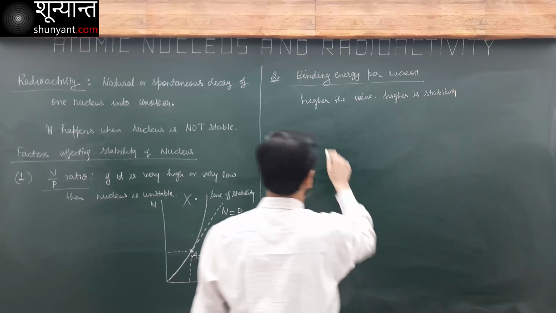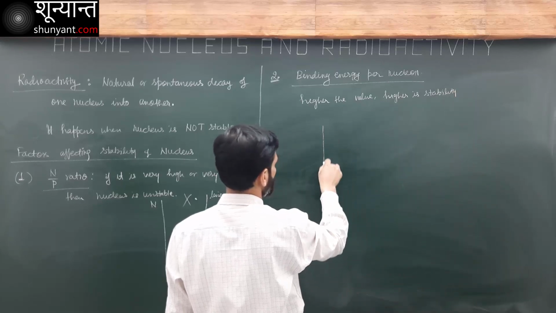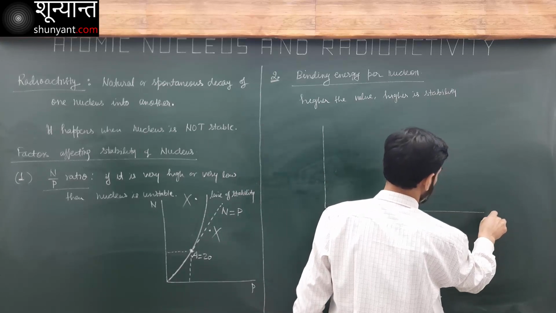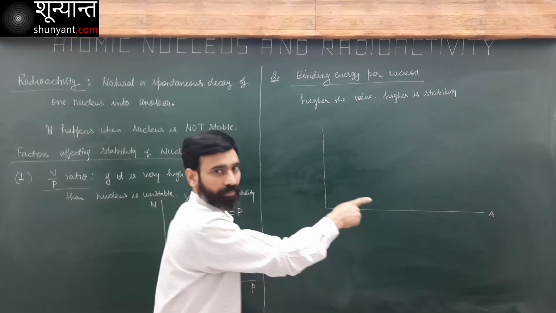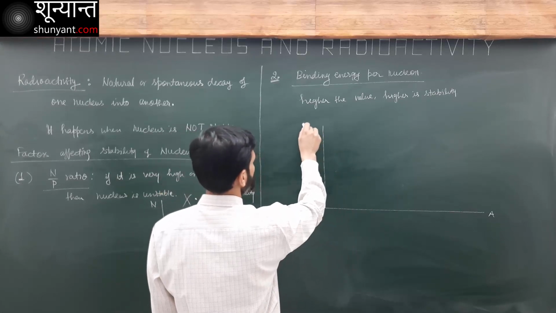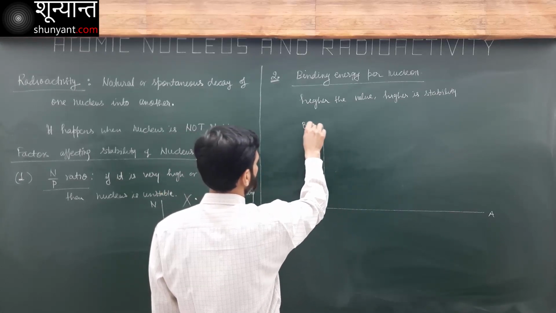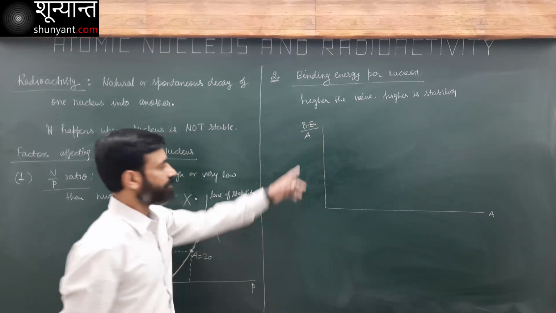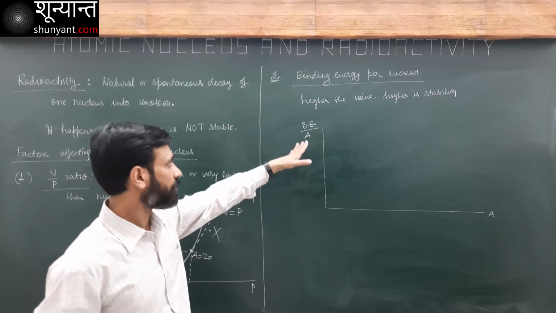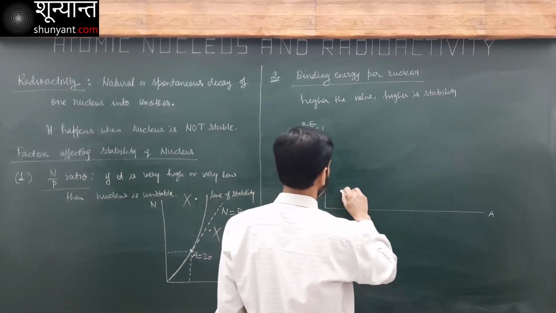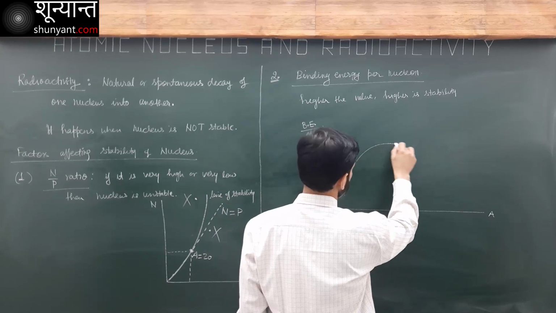Now, if we plot this graph for different elements, this is the mass number, and this is the binding energy per nucleon. Mass number you know already, the number of protons plus the number of neutrons. If you do that, we get a graph something like this.